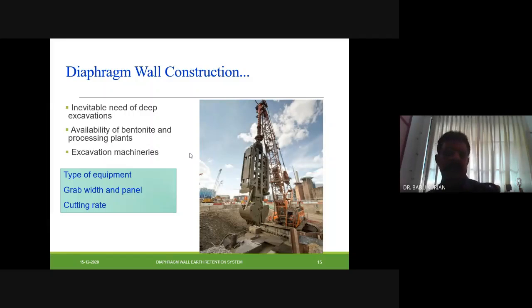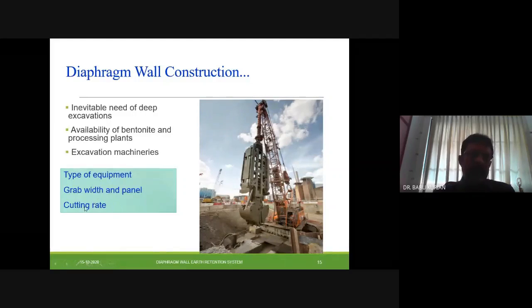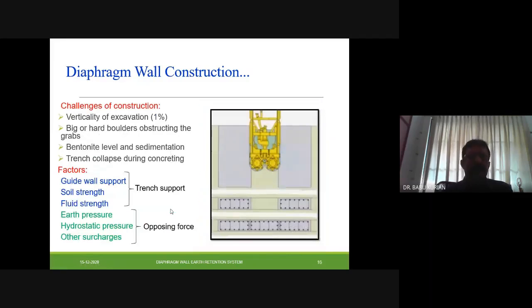We can select the machinery and the type of equipment, the grab width according to the panel size, and the cutting rate also, all those things we can select. So because of the availability of these things, nowadays the construction of diaphragm walls is easy.